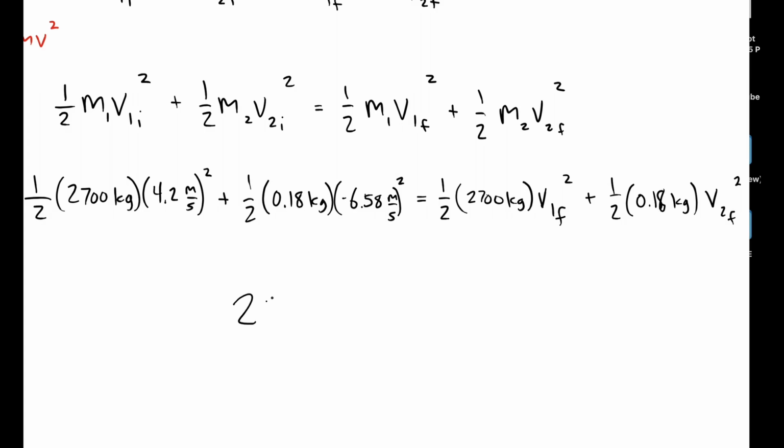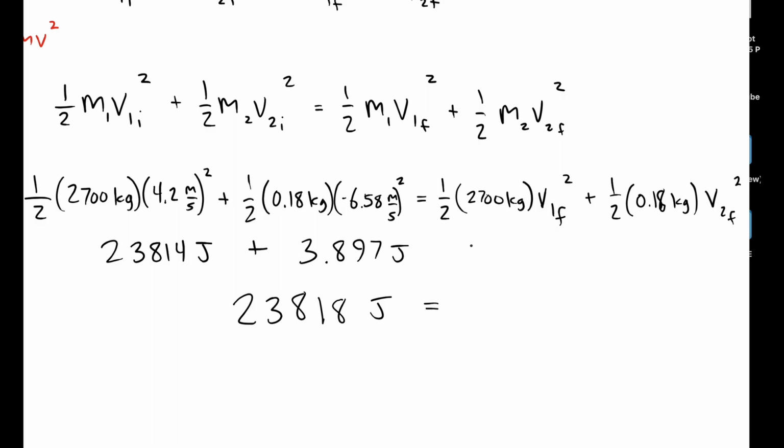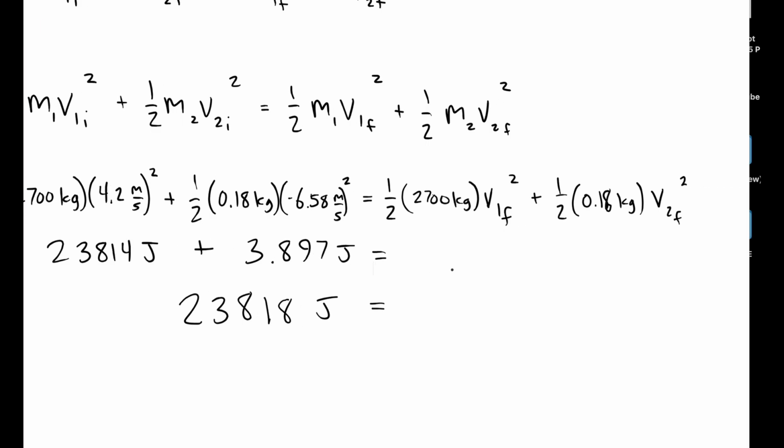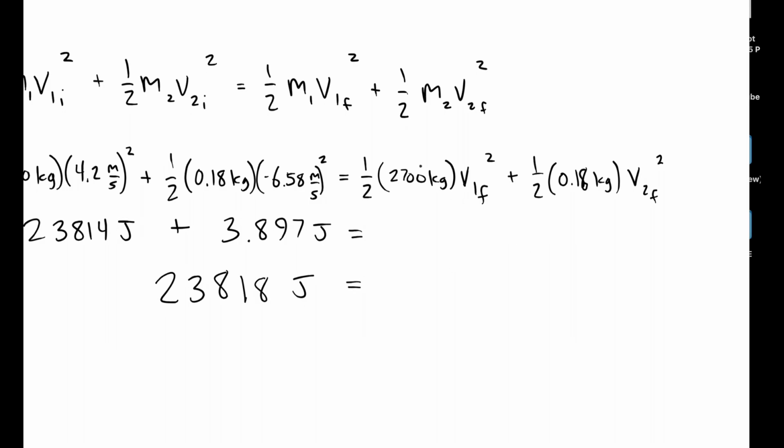I get a total of 23,818 joules, I believe. Rhino contributes 23,814 joules. The ball contributes only 3.897 joules. And now with these, I'm just gonna simplify the numbers.